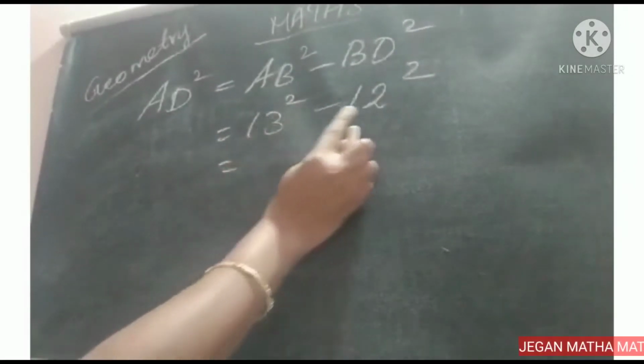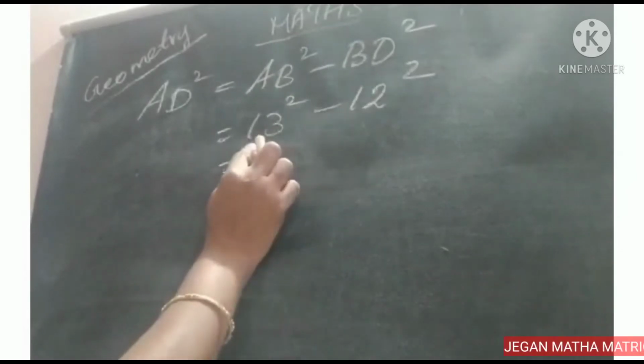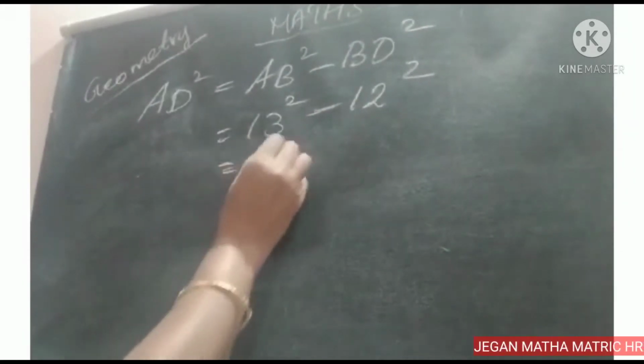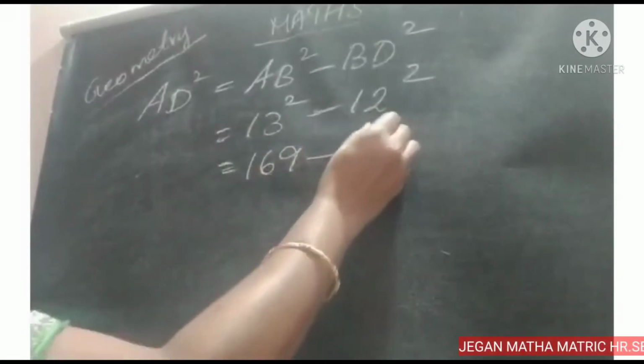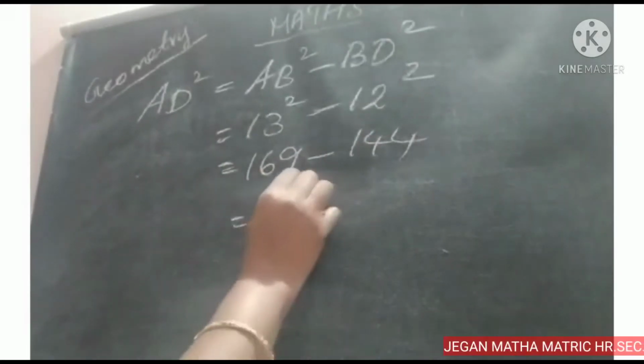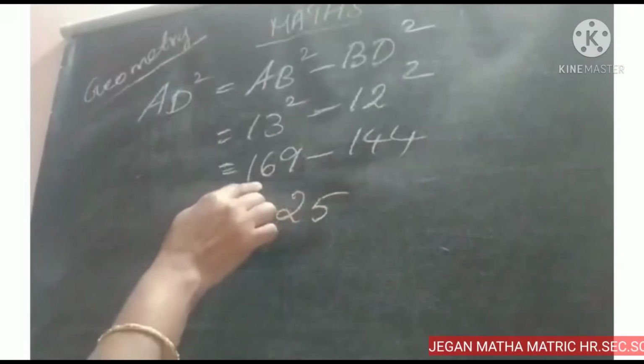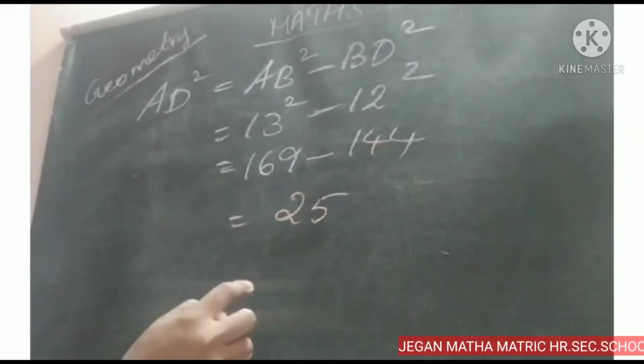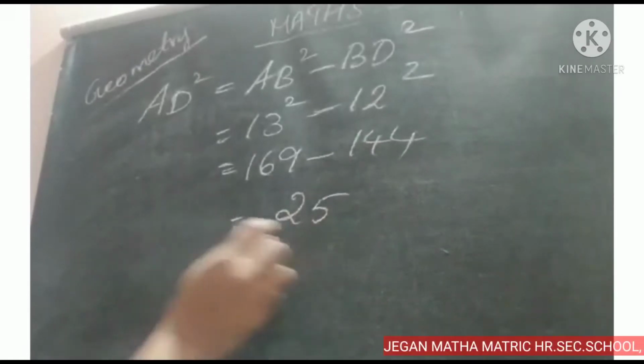AB is 13 centimeter, BD is 12 centimeter. So 13 square minus 12 square. Here 13 square is 169 minus 144. You will get 25.